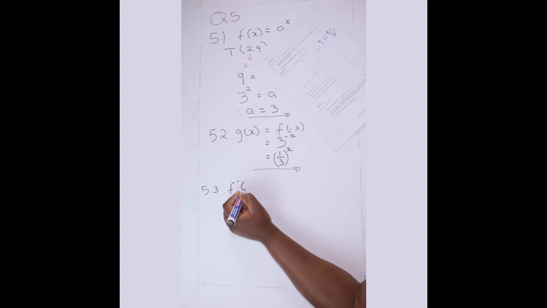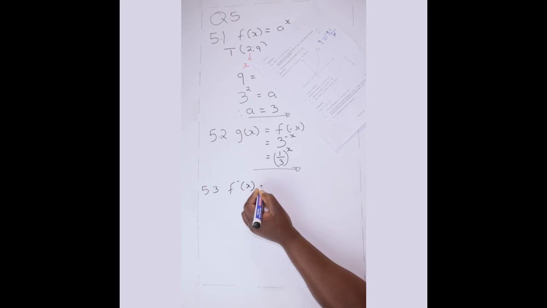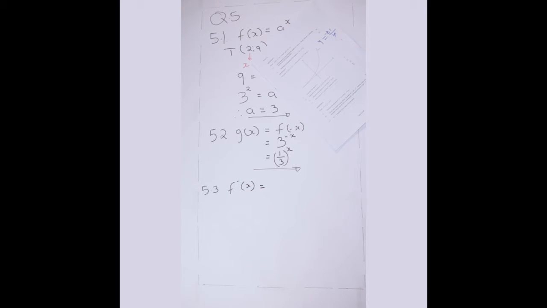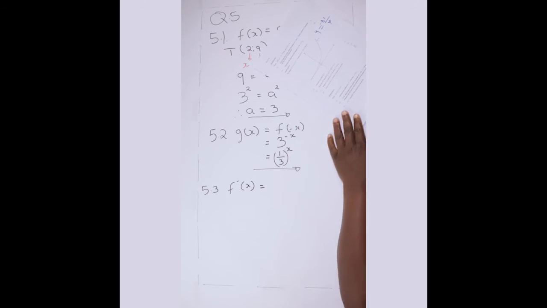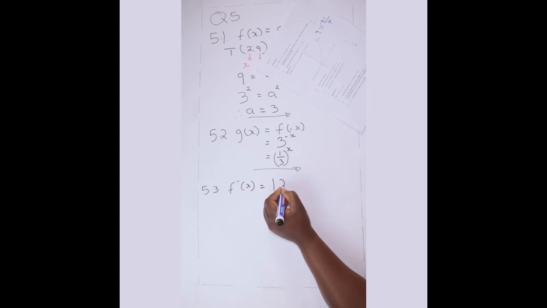Because we are dealing with an exponent, the inverse is going to be the logarithm part of it. So our inverse is going to be a log graph. In other words, log with base 3 of x. That will be our equation for the inverse.